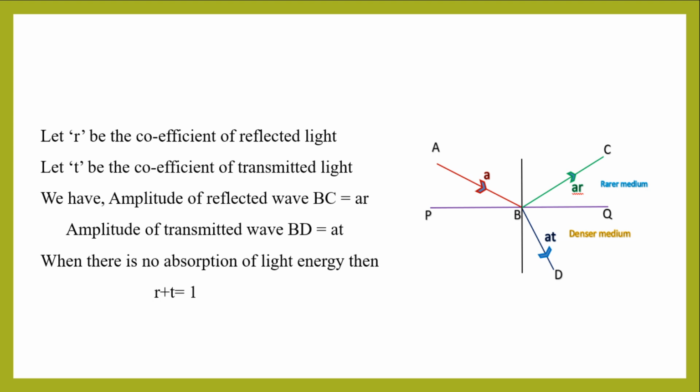When light ray reflects, let R be the coefficient of the reflected light. If light ray transmits, let T be the coefficient of transmitted light. So here AB is incident light wave, BC is reflected light wave, and BD is transmitted light wave.